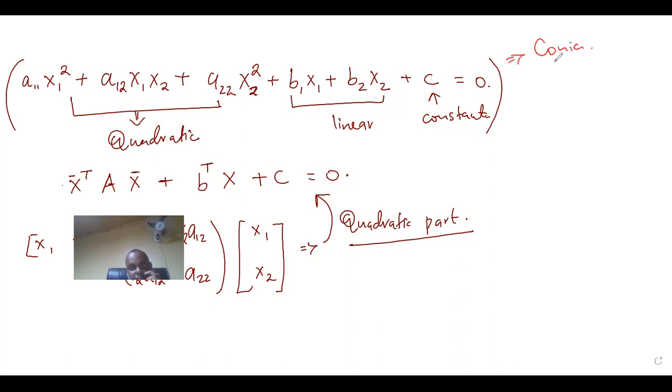It could be a circle, an ellipse, a parabola, a hyperbola, right? Yes, those four. So how would you tell if it's a circle, an ellipse, a parabola, or a hyperbola?